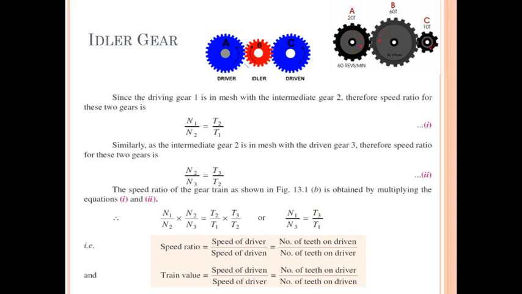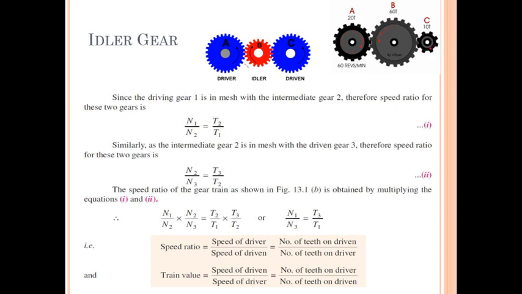This is regarding idler gear. Now this idler gear is used for two functions generally. First function is to connect the gears where a large center distance is required. Suppose A and C gears are not very close, they are having a large distance, then this gap can be bridged by these idler gears, a number of idler gears.